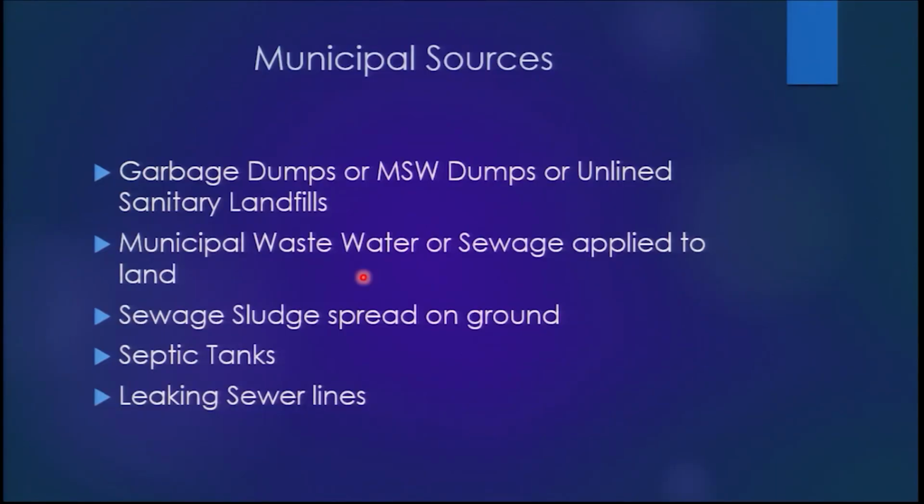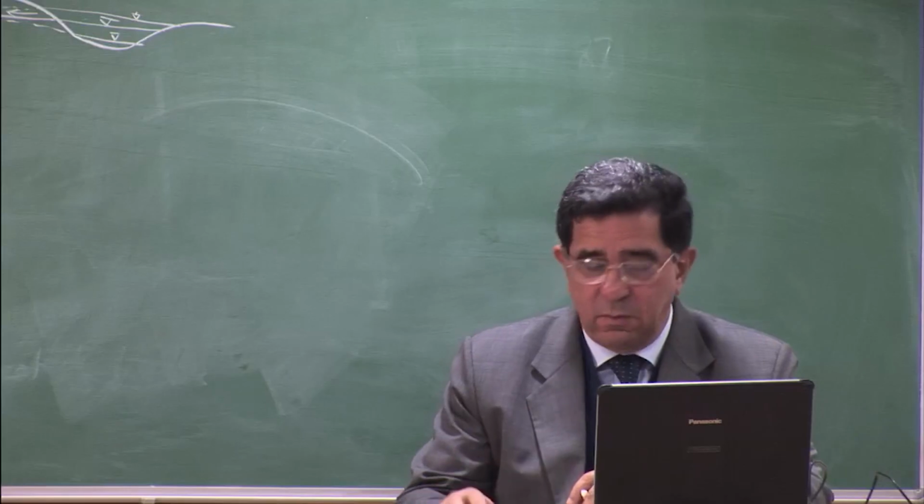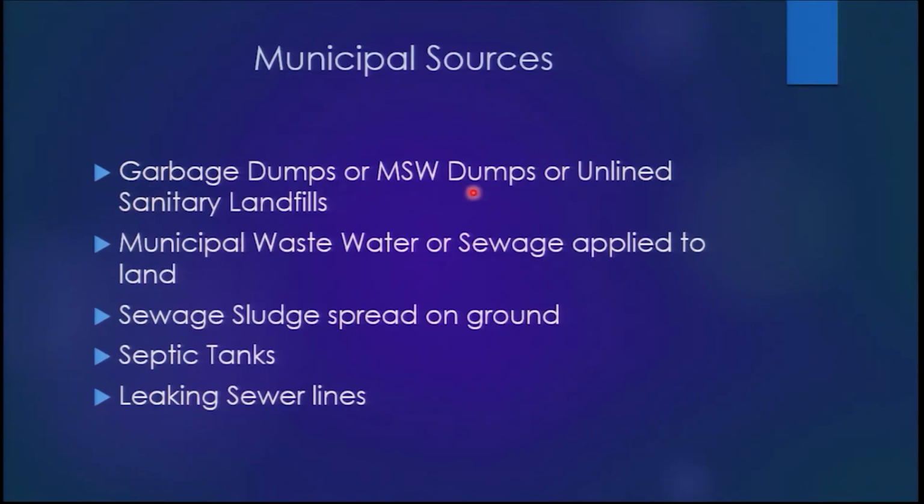So let's look at municipal sources. What are the municipal sources which will contribute to ground contamination or subsurface contamination? We've already talked about garbage dumps or municipal solid waste dumps or unlined sanitary landfills.